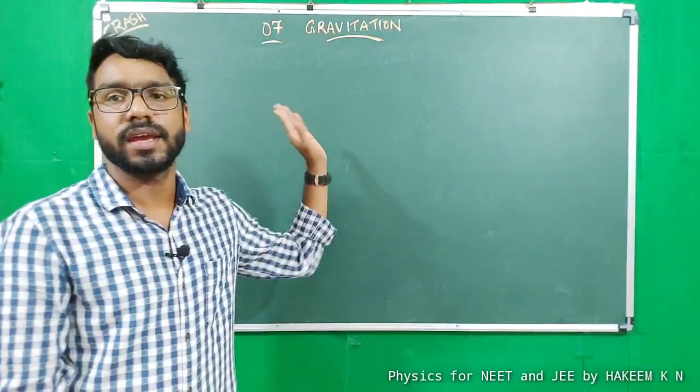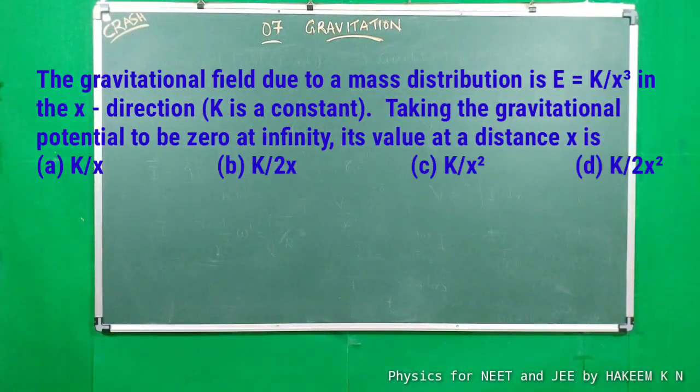Here you can see a question. The gravitational field due to a mass distribution is E equals k by x cube in the x direction. k is a constant. Taking the gravitational potential to be 0 at infinity, its value at a distance x is: options are k by x, k by 2x, k by x square, k by 2x square.